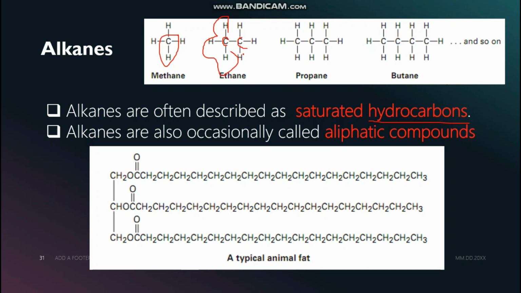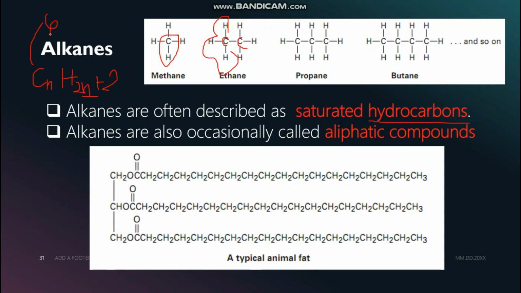And they also have a general formula. Okay, so may general formula ang alkanes which is CnH2n+2, where n is the integer. Okay, for example, the carbon has 6.